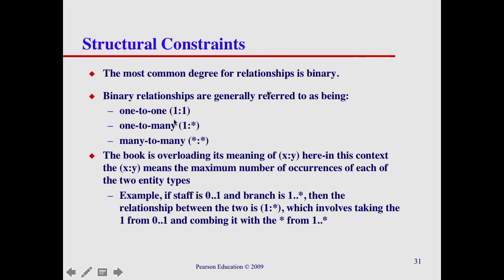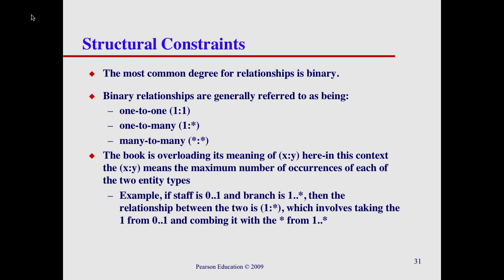Now, the book does something else that's confusing. And that is, it also refers to the degree for relationships, which is a different term than multiplicity. Again, orthogonality. Multiplicity is the number of occurrences of an entity in a relationship.